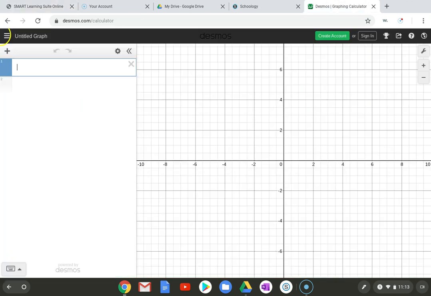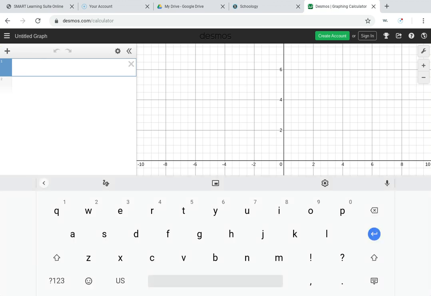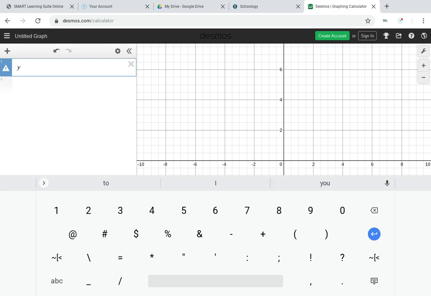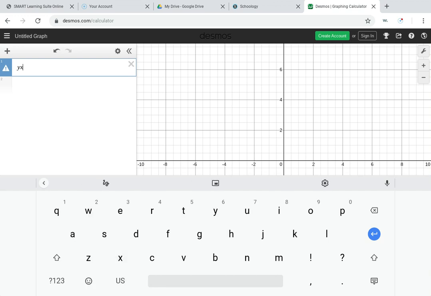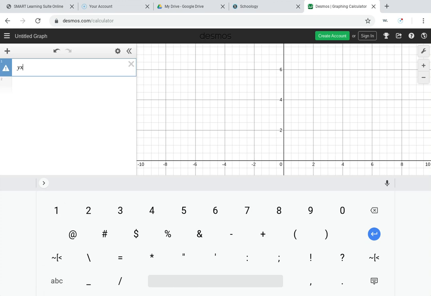I'm going to go over to Desmos, and let's see if I can type, so y equals x, this might take a little bit.